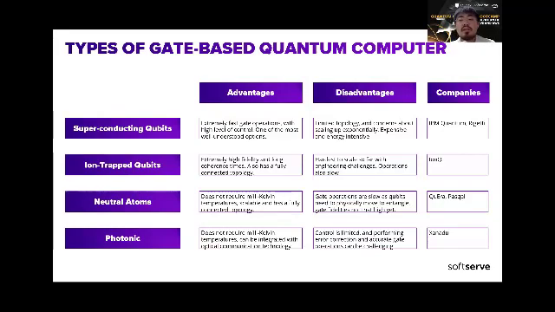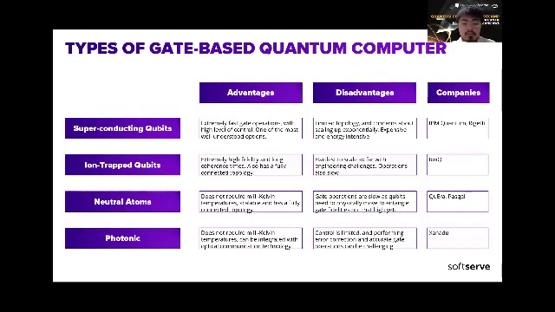Because they are not as well understood yet, the technology is still slightly more immature. The gate fidelities are not as high as ion trap or superconducting at this point, although they do expect that to change in the future. QuEra is one example of a neutral atom company that does this.